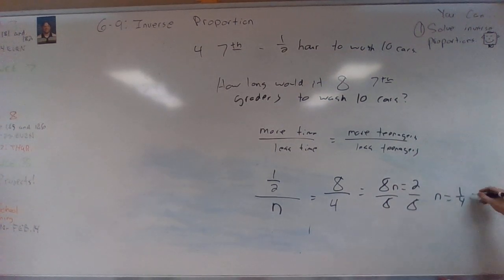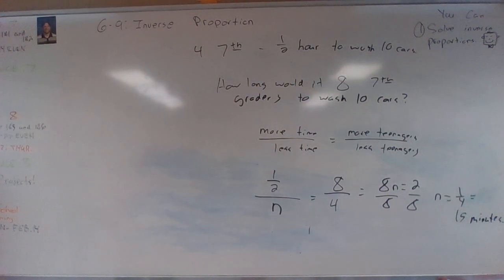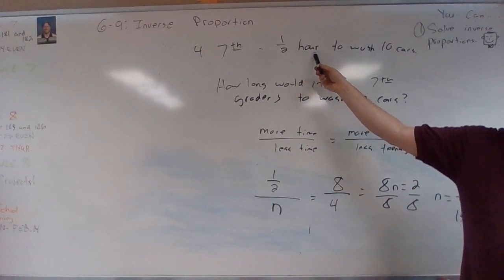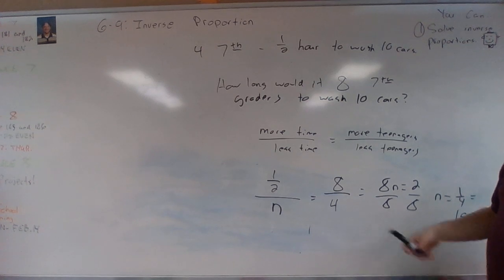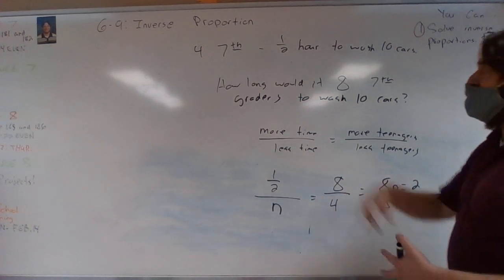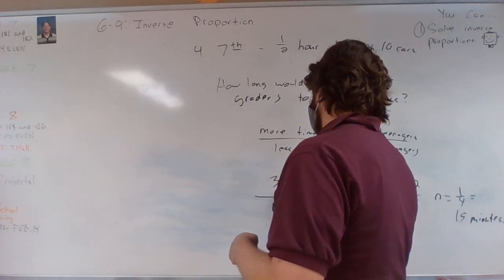1/4 of an hour is 15 minutes. So you certainly have a choice here at this point too, if you want to convert this right into minutes. So I've calculated by hour, half hour, 1/4 of an hour. But if you want to just make this minutes, all I need to do is write 30 in here.